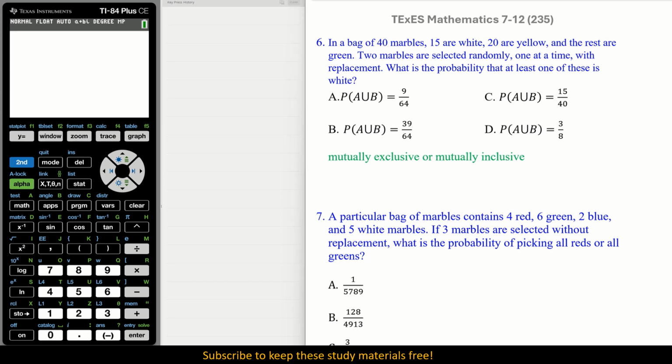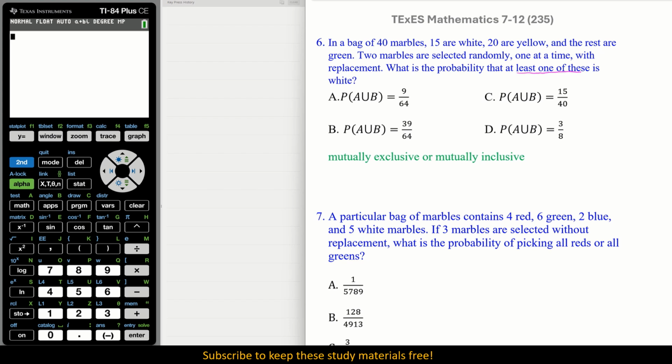Number 6. In a bag of 40 marbles, 15 are white, 20 are yellow, and the rest are green. 2 marbles are selected randomly, one at a time, with replacement. What is the probability that at least one of these is white? Okay.